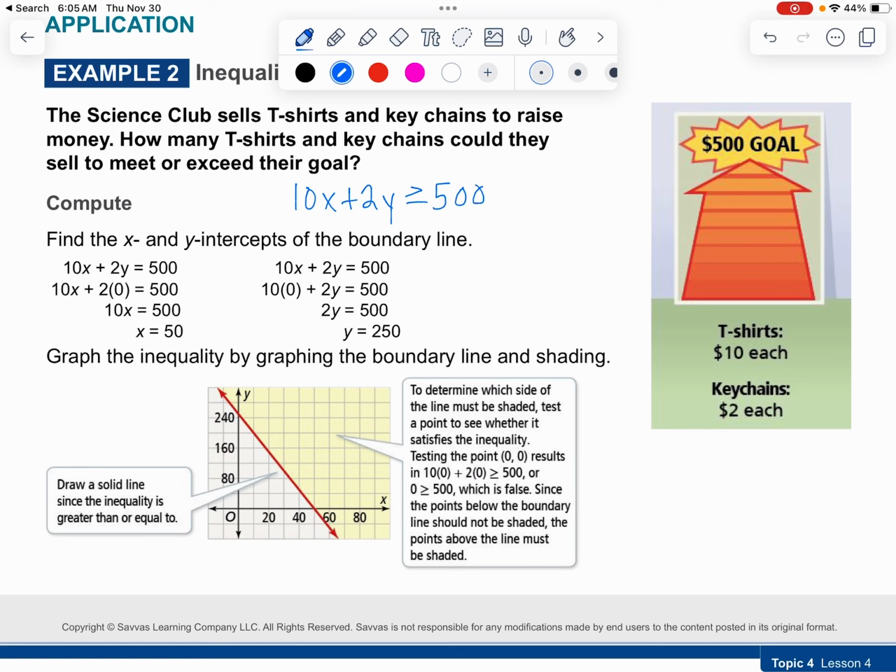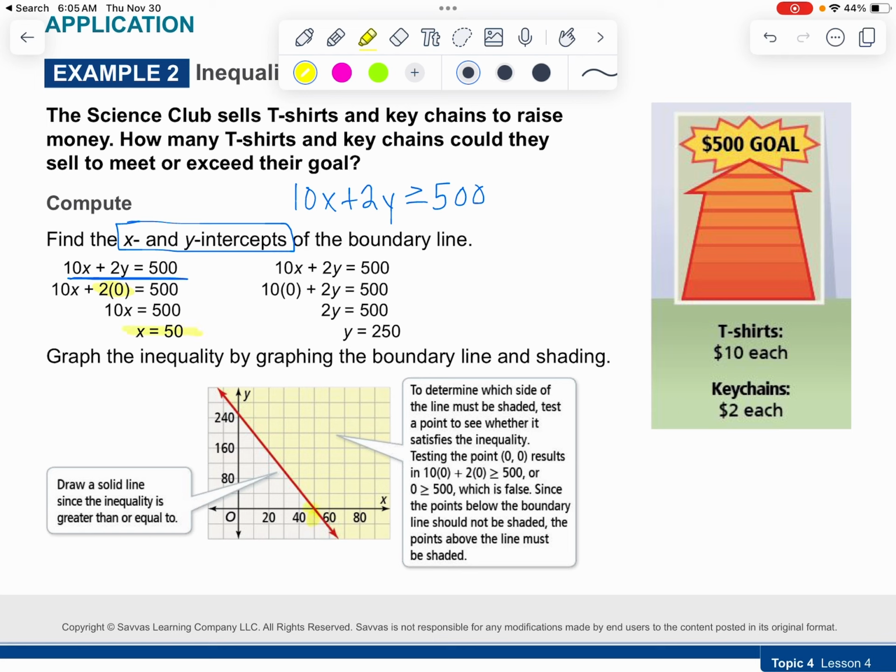So in order to graph the boundary line, you need to find the x and the y intercepts because this inequality is written in standard form. So notice they use the equation equivalent to that inequality to find the x and the y intercepts. By first finding the x-intercept by replacing y with 0, we have an x-intercept of 50.